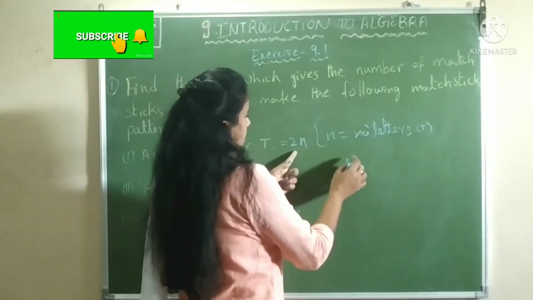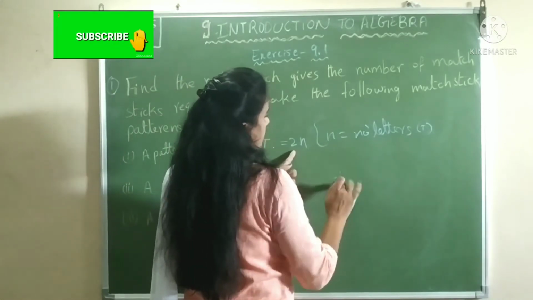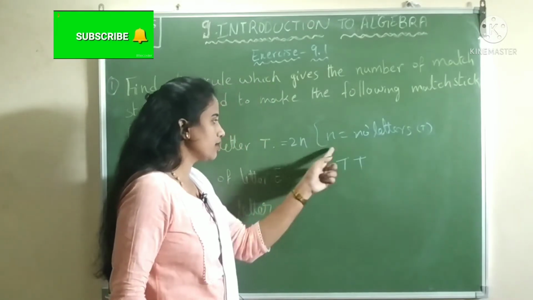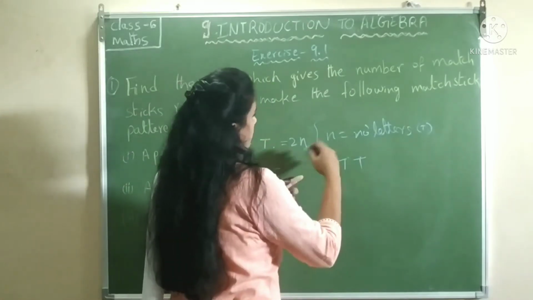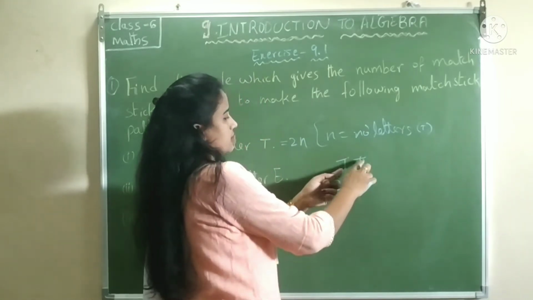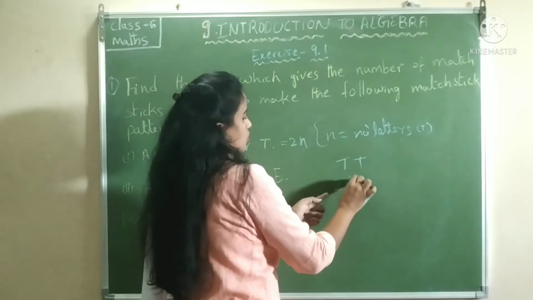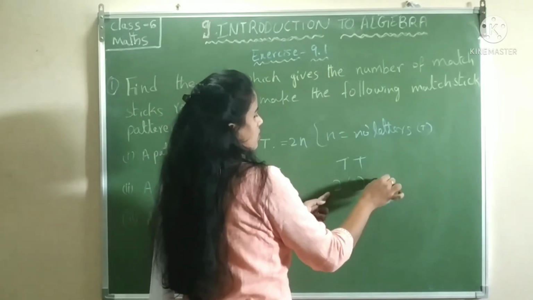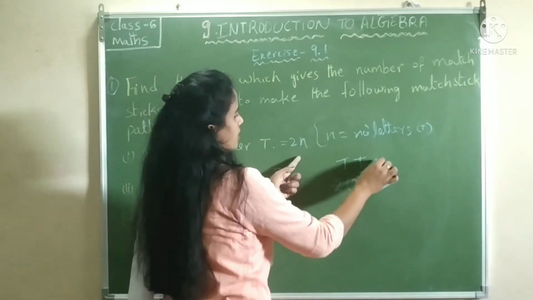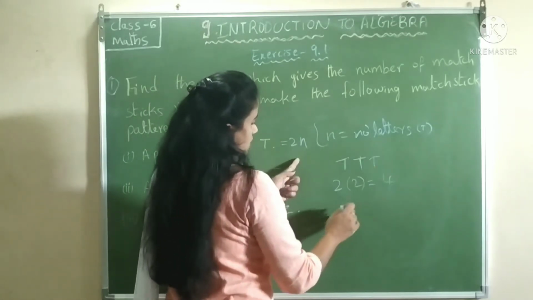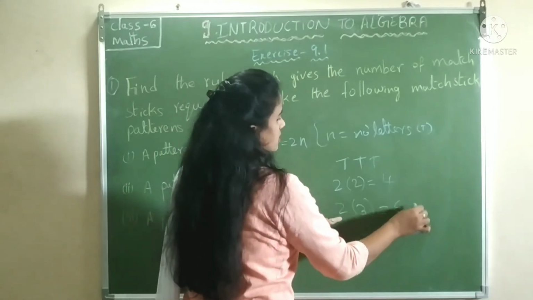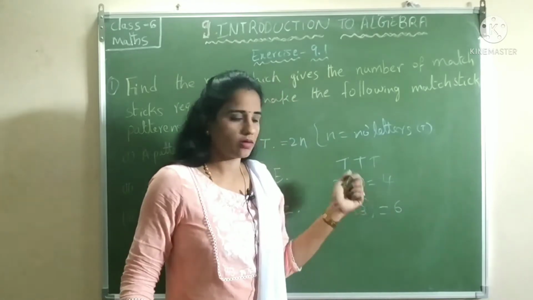Suppose we take 2 T's. Then we require 2 times 2, which is 4 matchsticks. Suppose n is equal to 3. 2 times 3 is 6. 6 matchsticks are required.